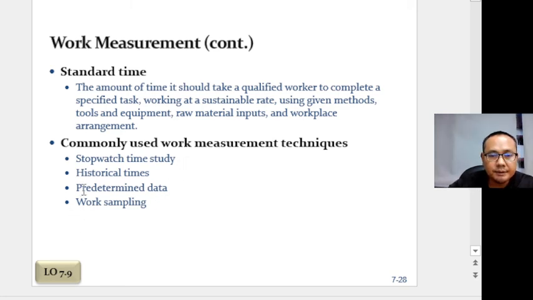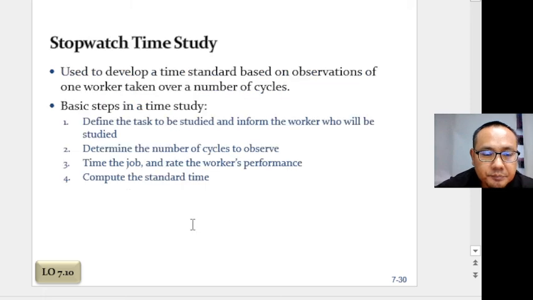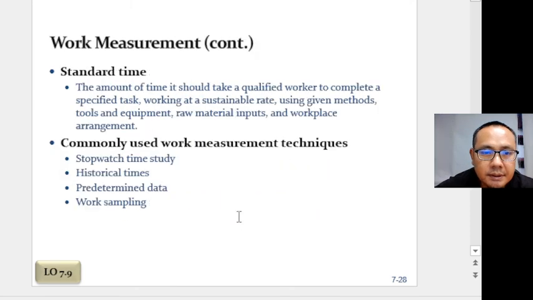Commonly used work measurement techniques: maybe you can use one of these. Work sampling, predetermined data, or stopwatch time study. Stopwatch time study is used to develop this; more explanation about the technique and how we can measure work.